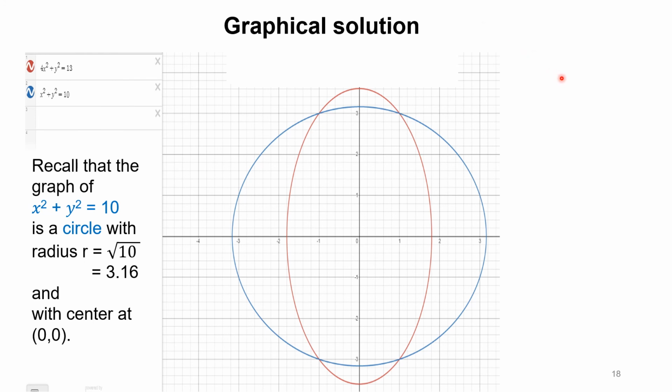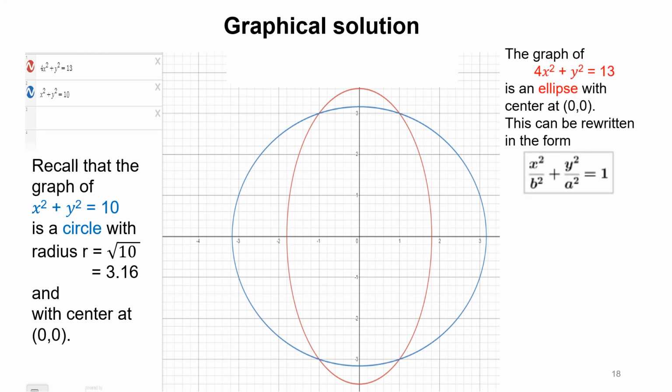And this can be rewritten in the following form: x squared over b squared plus y squared over a squared is equal to 1. And since our equation earlier is 4x squared plus y squared is equal to 13, then we can solve for our b here and for our a.